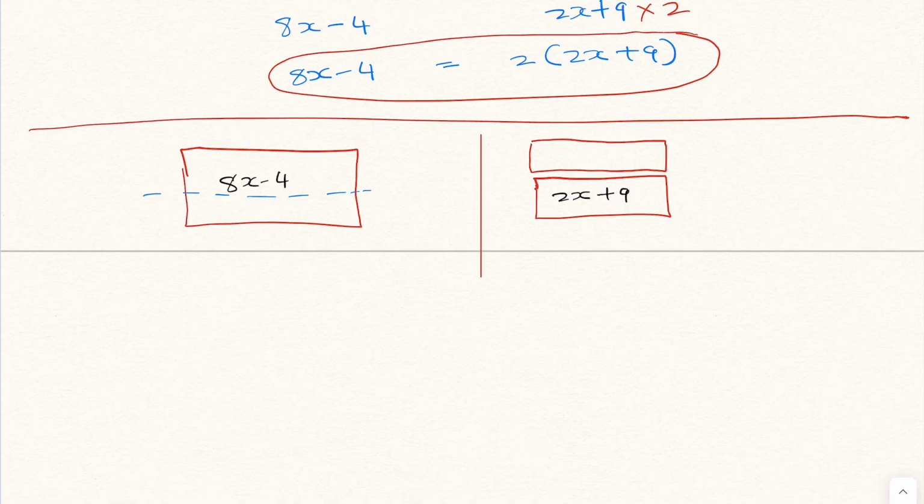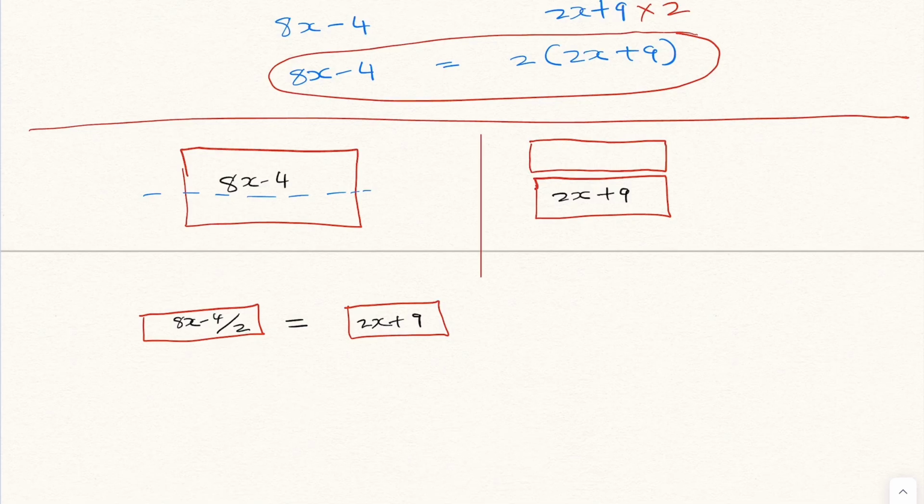If we choose to divide this into two, we're going to have something like this and this. Here we are saying 8x minus 4 divided by 2, and this is 2x plus 9. So these two are equal.